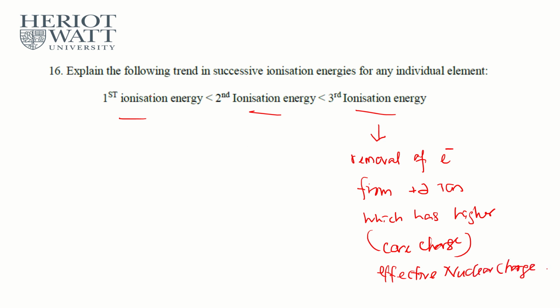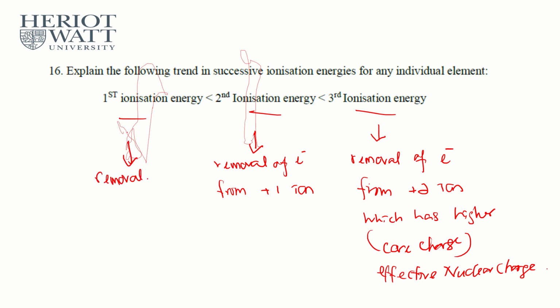All right. The second ionization energy is basically the same thing, just that of course the details will be slightly different. It is the removal of electrons from a positive 1 ion, which is slightly weaker in terms of the core charge. And the first ionization energy is actually removal of electrons from a neutral atom.